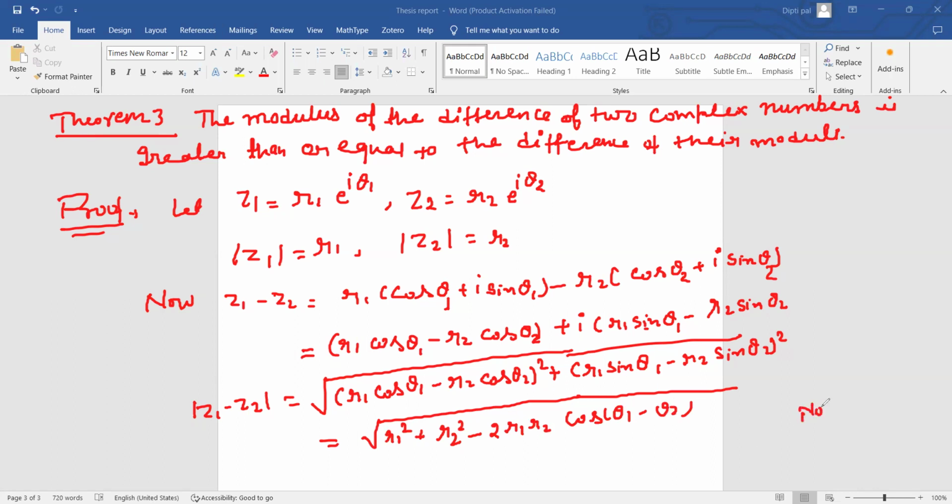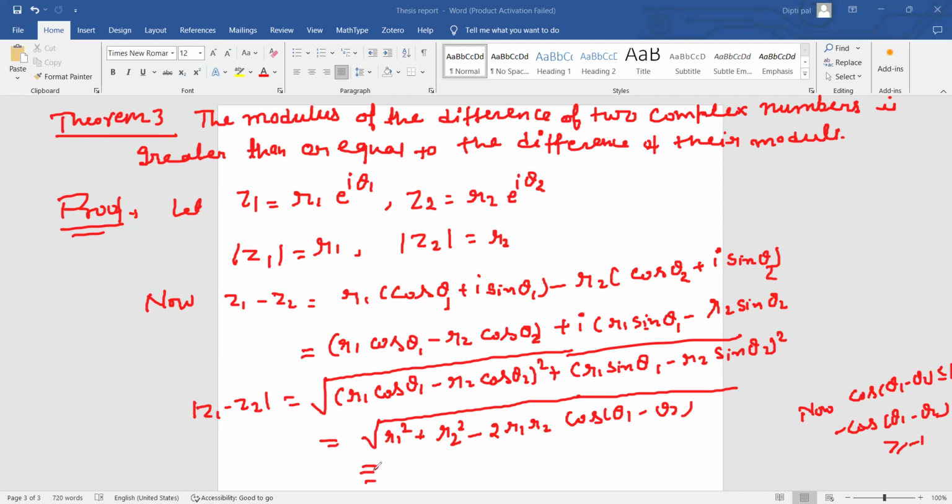Now cos theta 1 minus theta 2 is less than or equal to 1, so minus cos theta 1 minus theta 2 will be greater than or equal to minus 1.